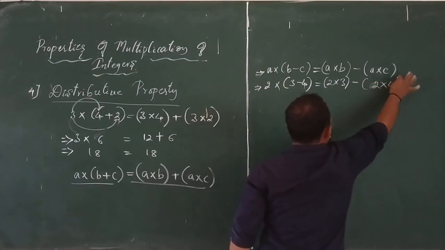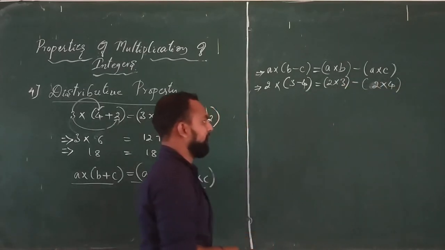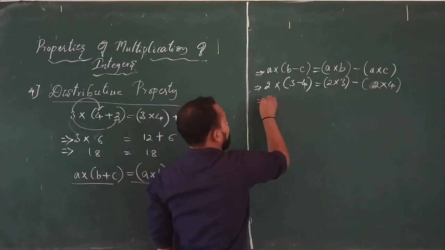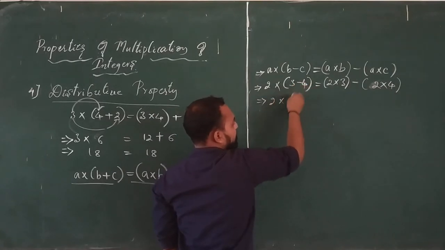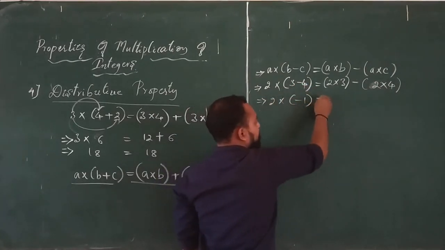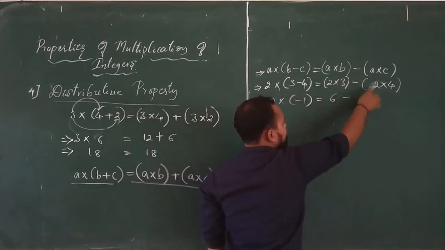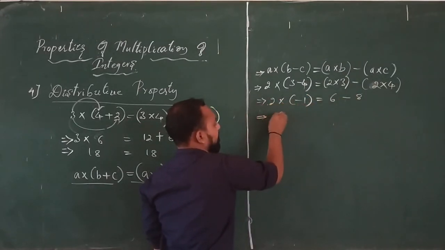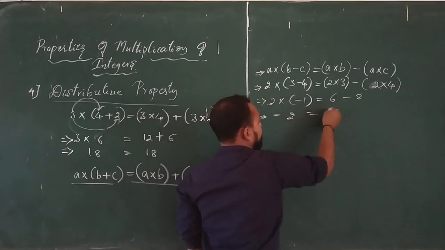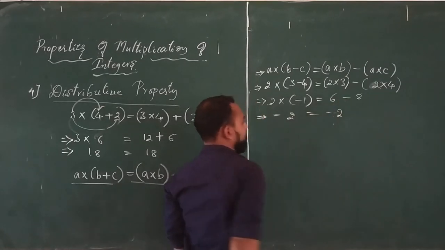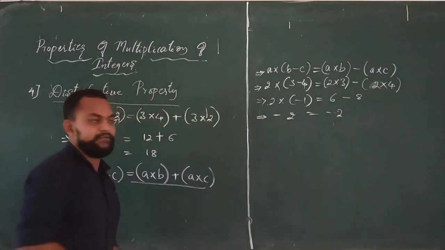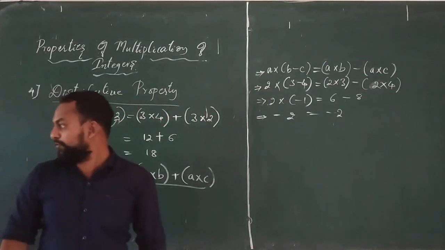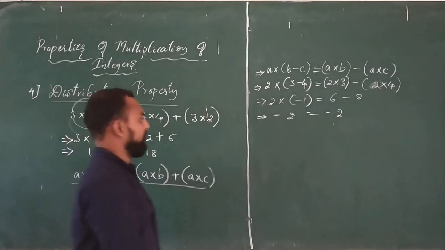Here 2 into 3 minus 4 is 2 into minus 1, which is minus 2. And 2 into 3 is 6, minus 2 into 4 is 8, so 6 minus 8 is minus 2. This is the distributive property over subtraction.